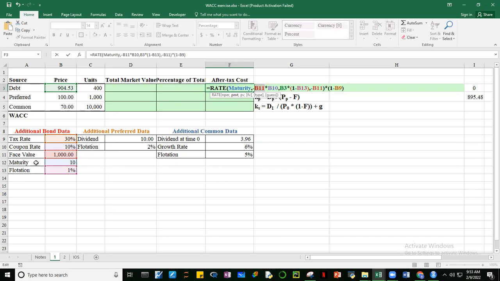B11 face value, B10 is your coupon rate, B3 is your debt, B13 is your flotation, B11 ulit is your face value. There.